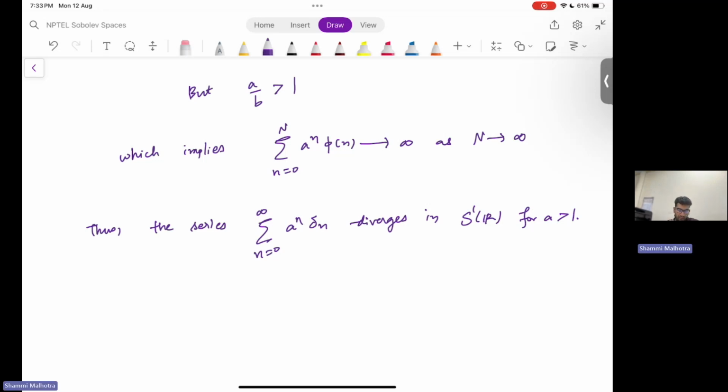So it's again basically the idea that we are using here: since a raised to n is there, we have to come up with something so that the total series turns out to be infinite. The basic function we took was motivated from that idea only.